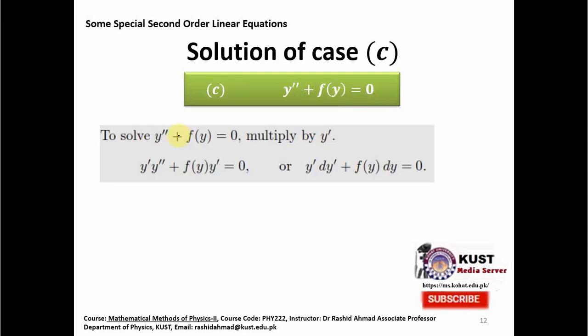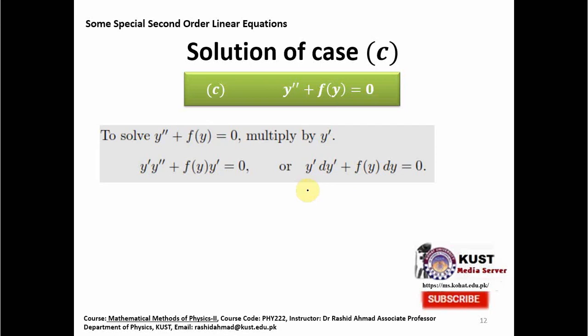So to solve this, what we do is bring in y prime, that is the first derivative. So we multiply y double prime plus fy is equal to 0 with y prime. As you can see here, y prime y double prime plus fy y prime is equal to 0, or we can write it as y prime dy prime plus fy dy is equal to 0.